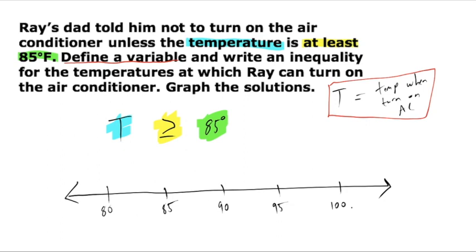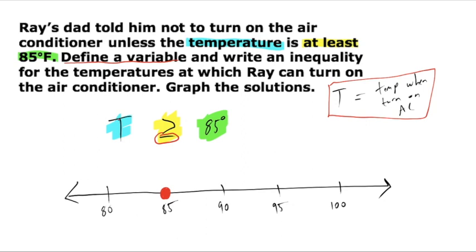Now I need to choose whether it's going to be an open or a closed circle. The fact that I have this or equal to piece tells me that it's going to be closed. So I'm going to close my circle at 85.